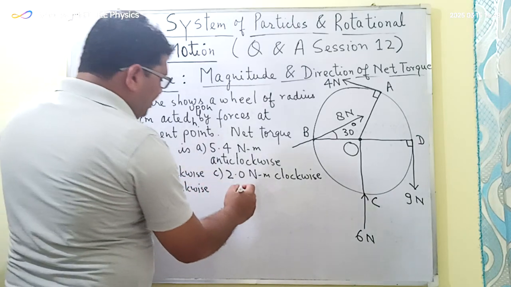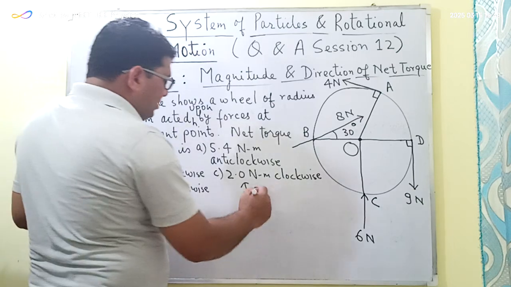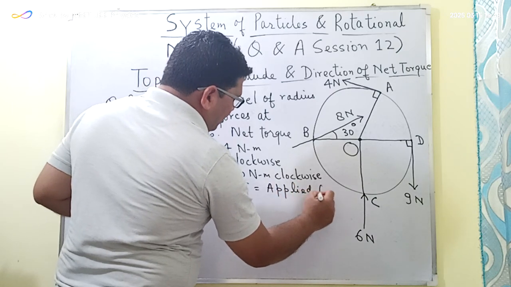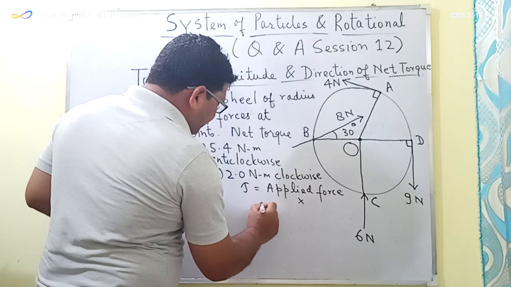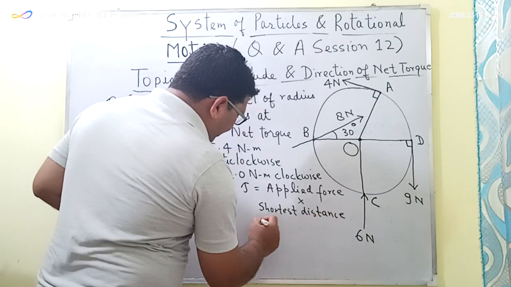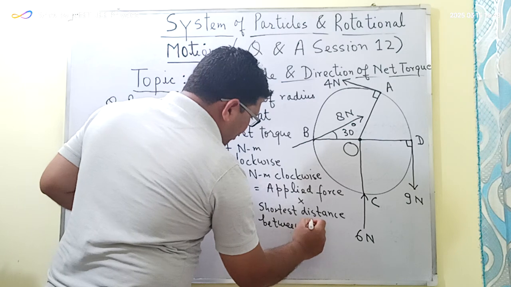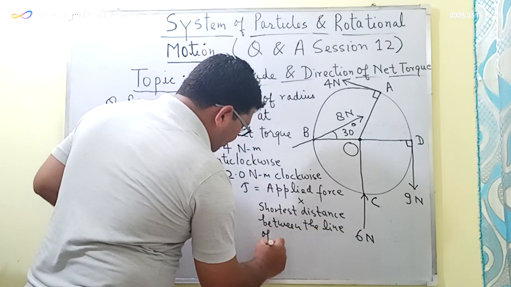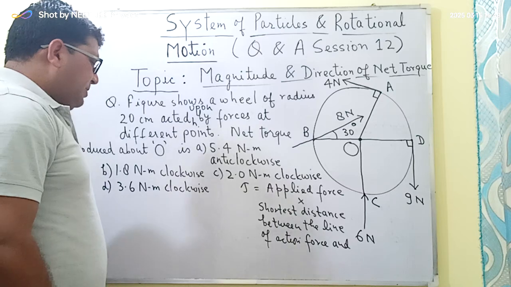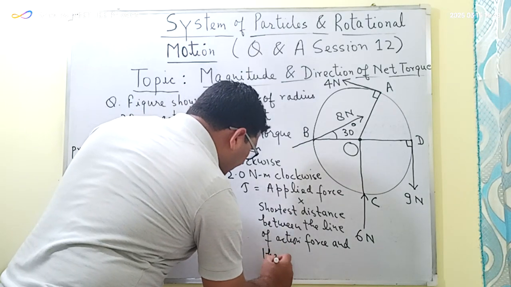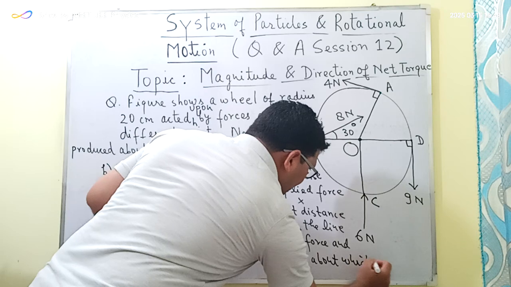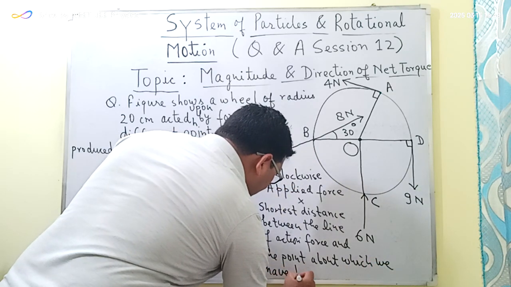In this question we will be using the subjective equation of torque, which is equal to the magnitude of the applied force multiplied by the shortest distance between the line of action of force and the point about which we have to find the torque.